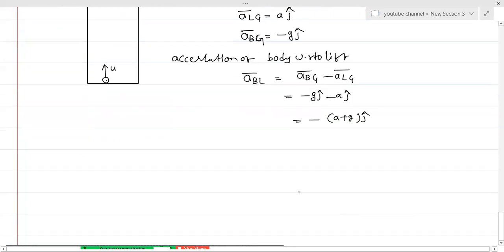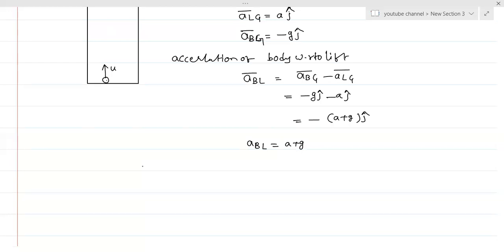Suppose we are interested only in magnitude, then we will write the acceleration of the body with respect to the lift is equivalent to a plus g. Now you are observing the motion of the body inside the lift. So in order to understand its motion, we need to think of the BL parameters, body with respect to lift parameters only.